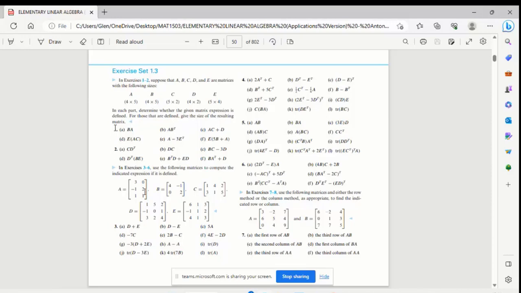That second row, minus 1, 0, and 1, is going to be our second column in the transpose. The third row, which is 3, 2, 4, is going to be the third column in D transpose.